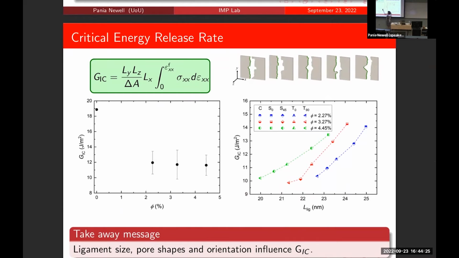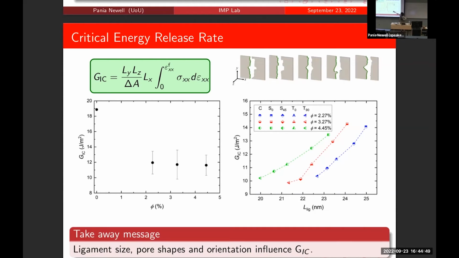There is a drop, but there is not much variation in the GIC value when you change the porosity, which is very different from what you see at the macroscopic level. So it means that the change in porosity as a first order parameter does not dominate the GIC at the nanoscale. It doesn't have much control on the GIC.